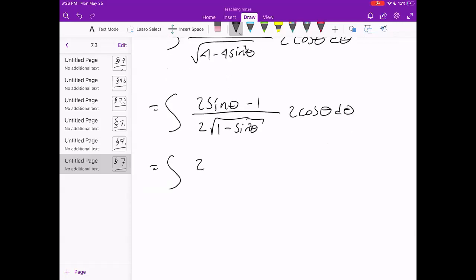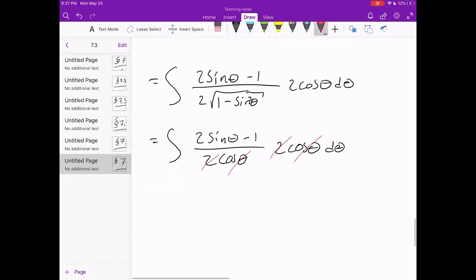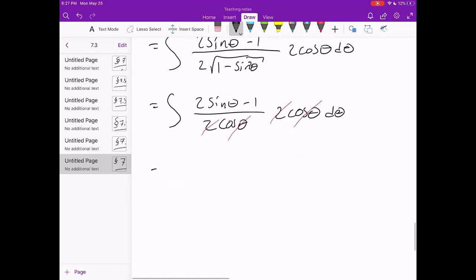So this is 2 sine theta minus 1 over 2. 1 minus sine squared is cosine squared, square root, I get a cosine theta, 2 cosine theta d theta. So this one actually works out really nicely. That 2 cancels, that cosine theta cancels. And I'm left with the integral of 2 sine theta minus 1 d theta.